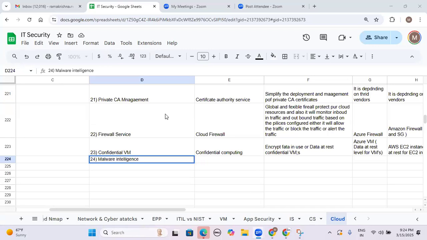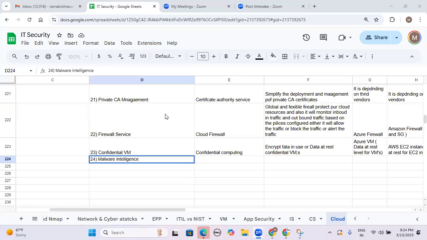Perfect, VirusTotal. So what Google has done: wherever malware infection is happening, for the malware category of attacks, they integrated a third-party open source intelligence called VirusTotal.